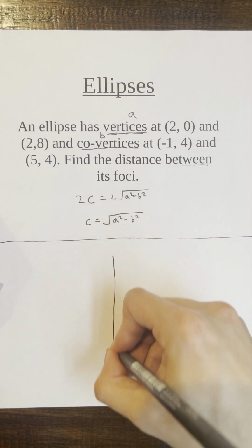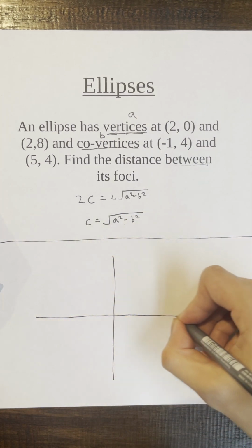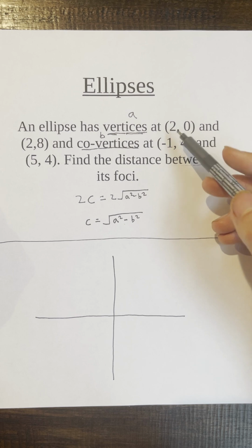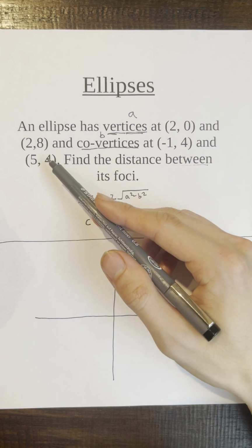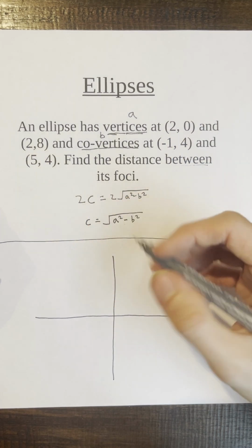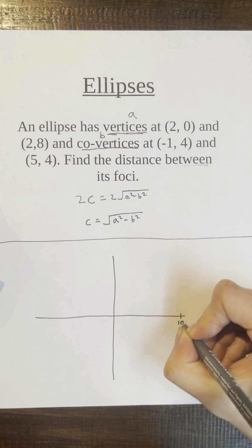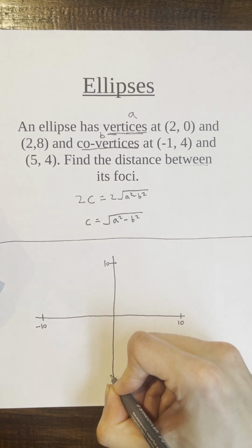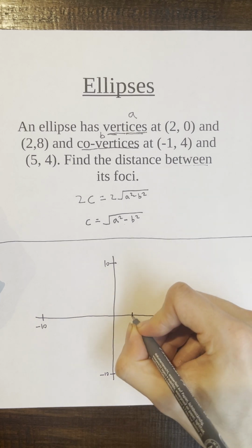I'm going to graph this ellipse to get a better understanding of what it looks like. So let's go ahead and graph 2, 0 and 2, 8. So if we're graphing 2, 8, I think this graph needs to go up to 10, just to be able to include the 8. And then we'll count by 2s.